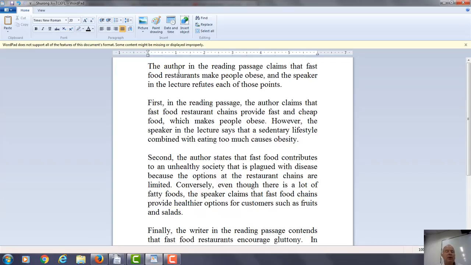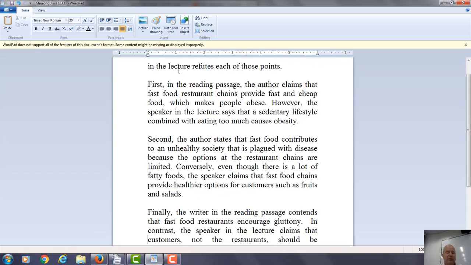However, the speaker in the lecture says that a sedentary lifestyle combined with eating too much causes obesity. Second, the author states that fast food contributes to an unhealthy society that is plagued with disease because the options at the restaurant chains are limited. Conversely, even though there is a lot of fatty foods, the speaker claims that fast food chains provide healthier options for customers such as fruits and salads.